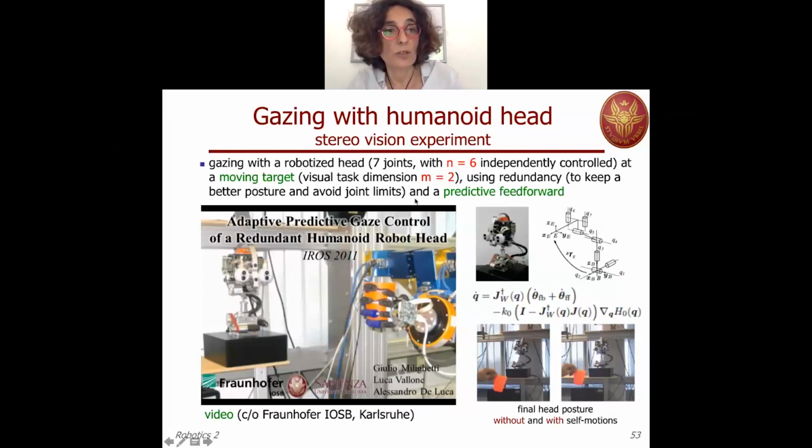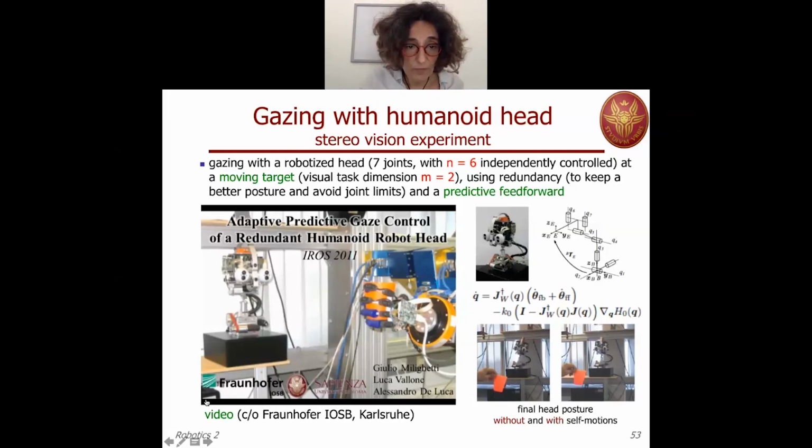The visual task dimension is equal to 2, so we have enough redundancy that is used to keep a better posture of the head and to avoid joint limits, and this is obtained by projecting some additional velocities in the null space. But also there is a predictive feed forward that is used for faster reaction in following the moving target.